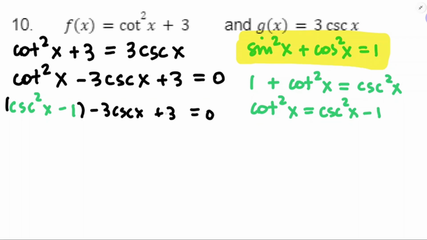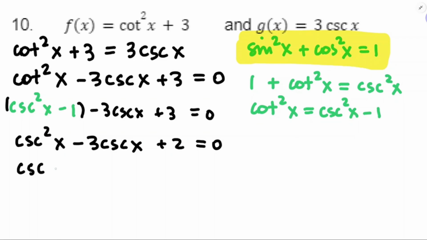So minus 1 plus 3, that's positive 2 cosecant squared x minus 3 times 1 power of cosecant, and then add 2, that equals 0. Okay, this should be factorable. Yeah, minus 2 minus 1. So cosecant x minus 2 multiplied by cosecant x minus 1 is going to equal 0.